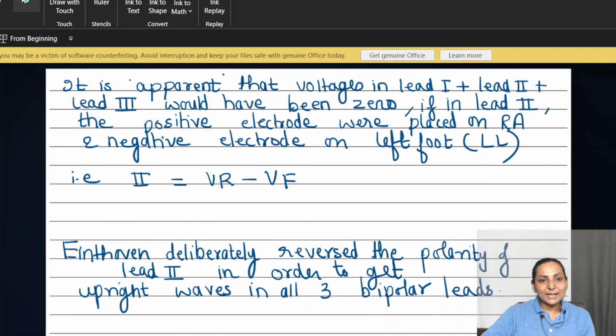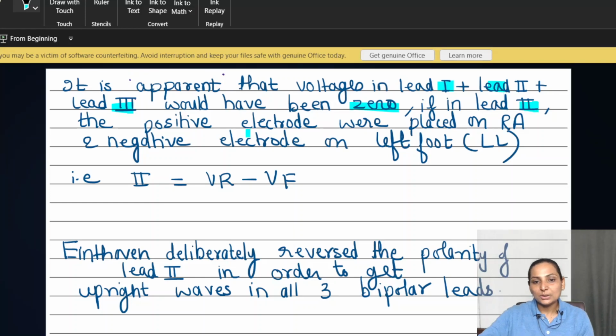Now we've understood what lead 1, lead 2 and lead 3 are. Now it is quite apparent that the sum of the voltages in lead 1, lead 2 and lead 3 would have been 0. That is, if we add lead 1, lead 2 and lead 3, it becomes 0. When?